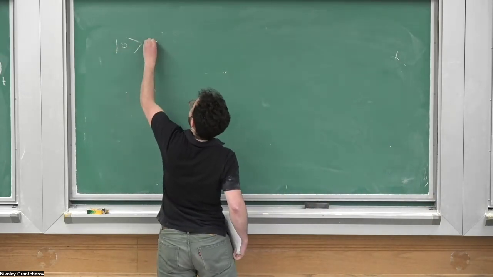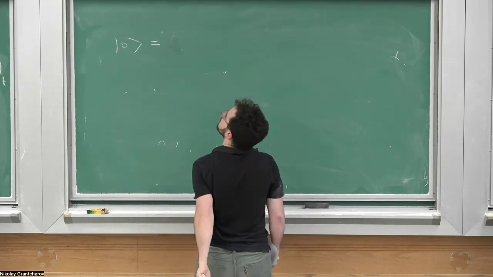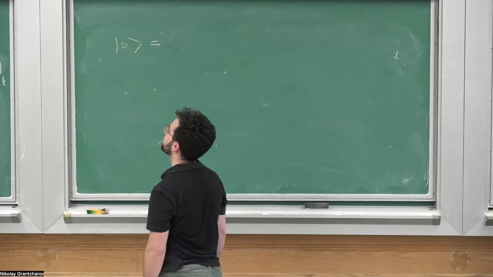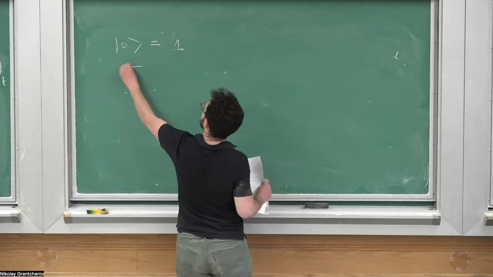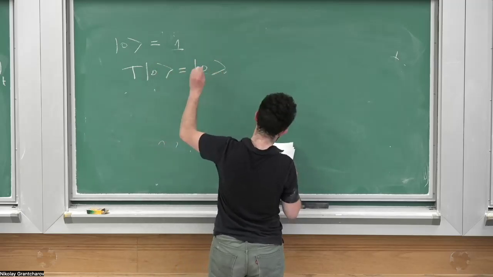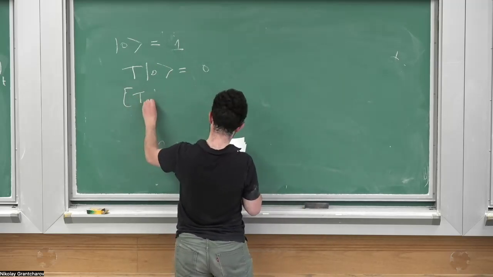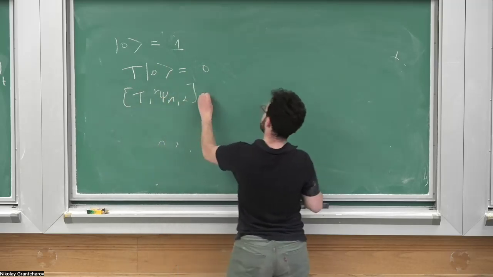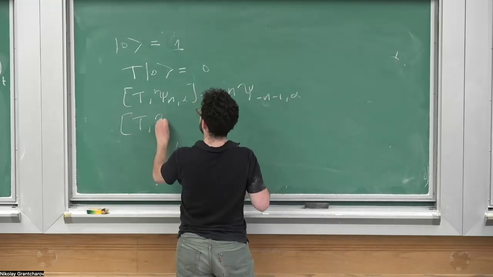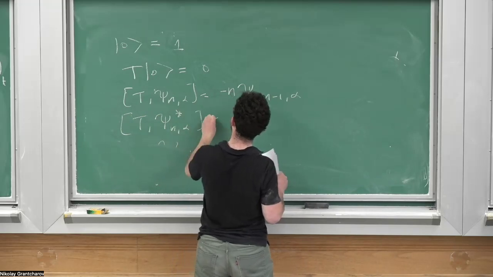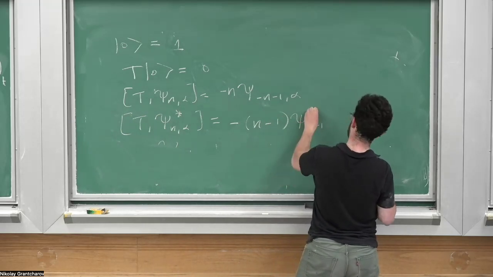Okay, I mean, I guess we'll have the vacuum. I also need to define a vacuum vector. Then the translation operator is defined by, on the vacuum vector, it will act by 0, and the commutator with the field is going to be minus n minus 1 star alpha.